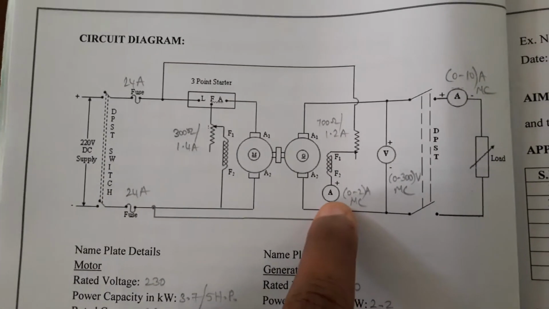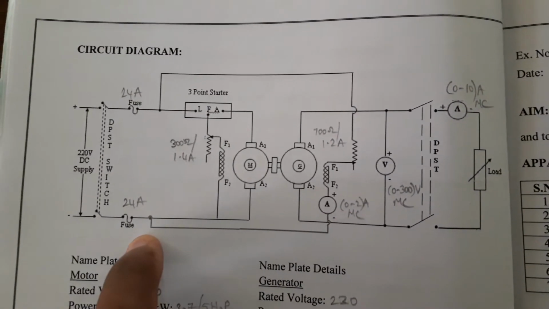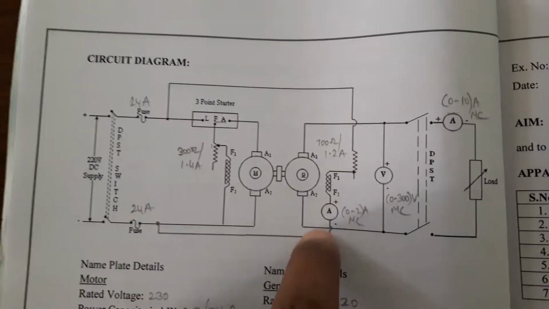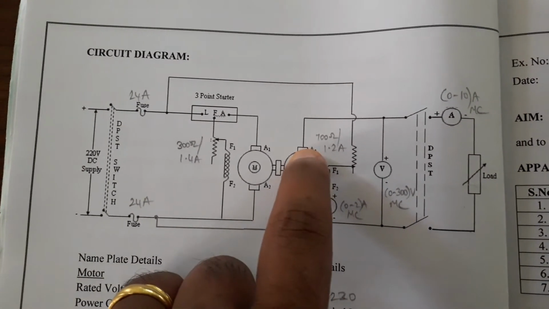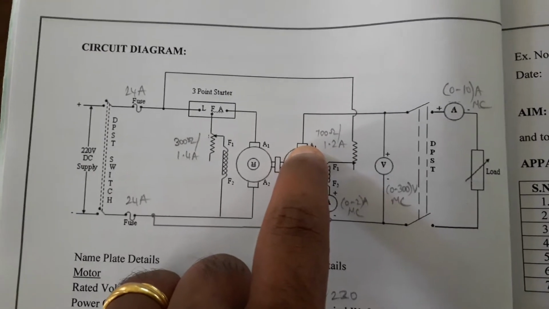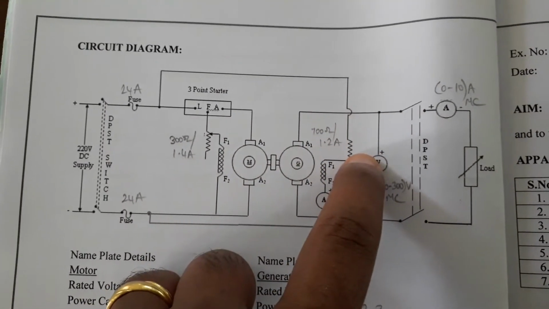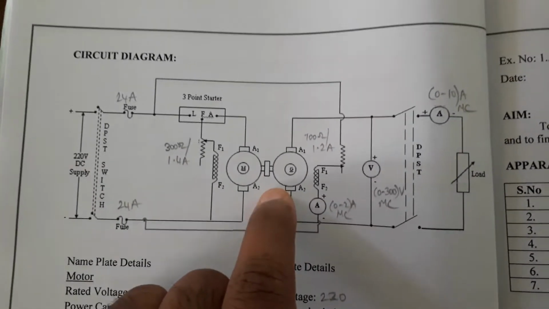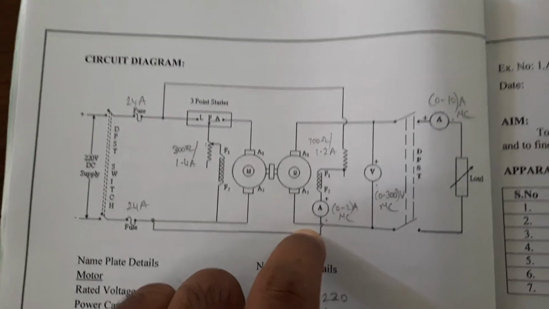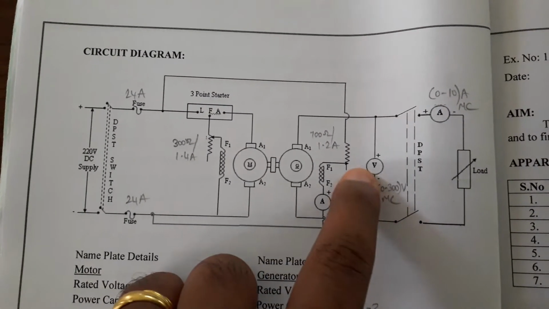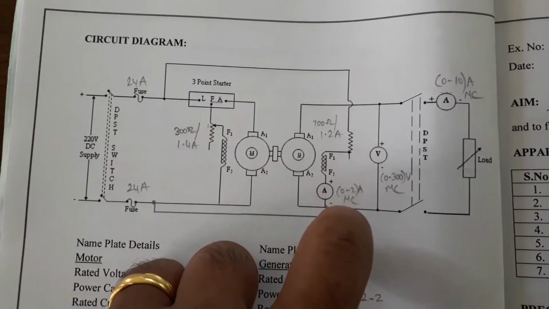So the negative terminal of the ammeter is connected to the negative terminal of the DC supply. Then armature 1 of your generator is connected to the voltmeter positive terminal, and armature 2 of the generator is connected to the negative terminal of your voltmeter.